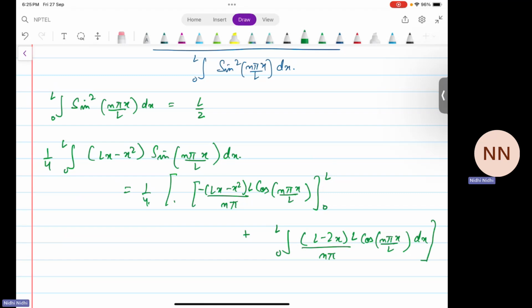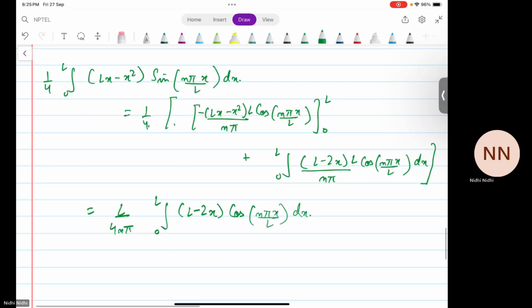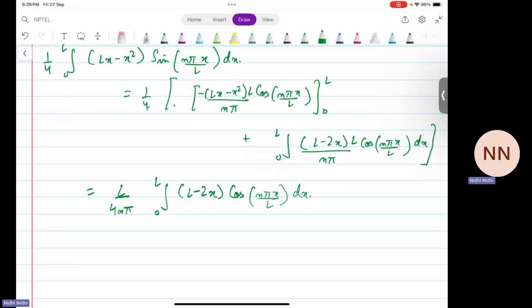Now you can see that when we put x equals L, we get L square minus L square, that will give us 0, and at x equals 0 also this term will vanish. So this is equal to L by 4nπ times integration 0 to L of (L minus 2x) cos(nπx/L) dx. So we'll be using integration by parts again.